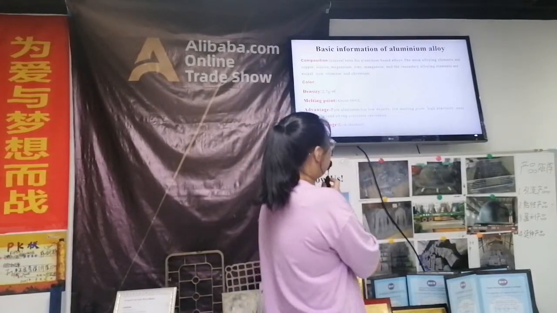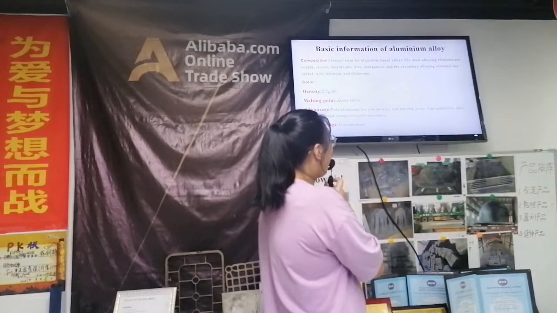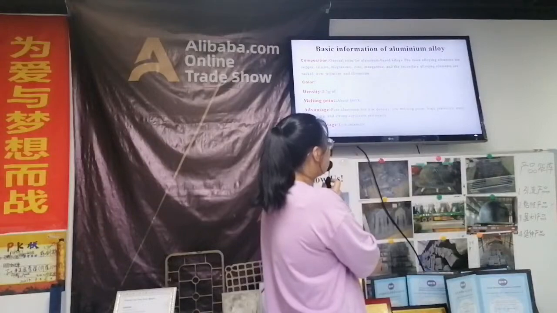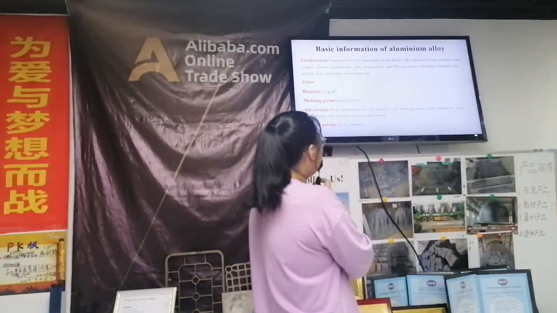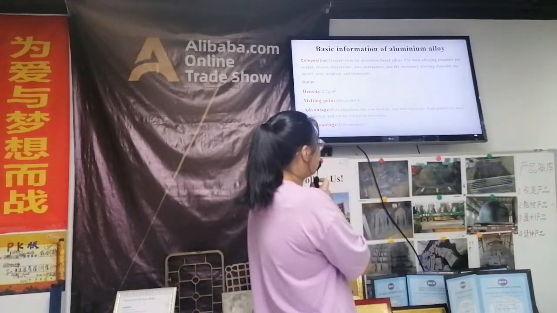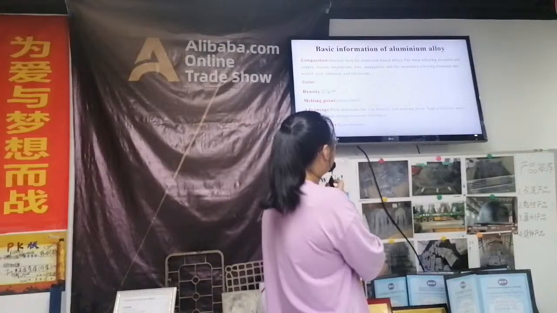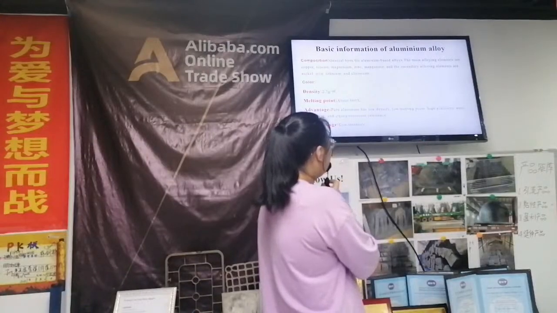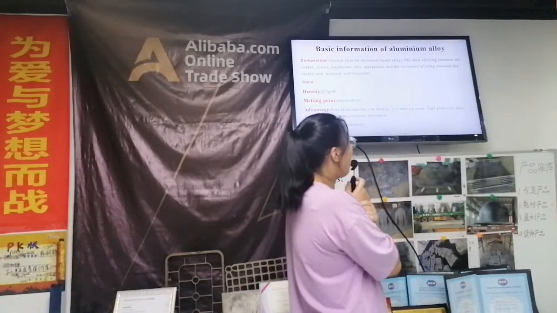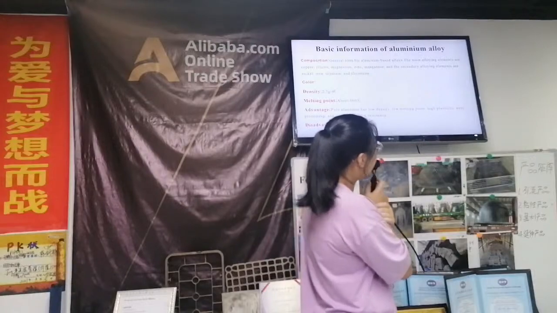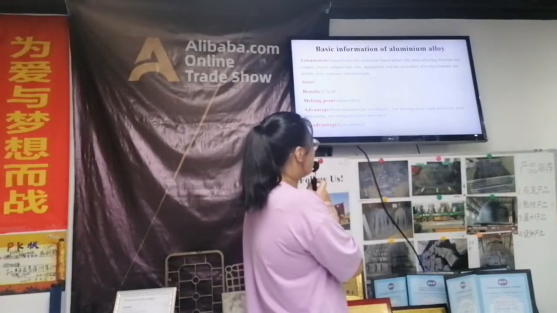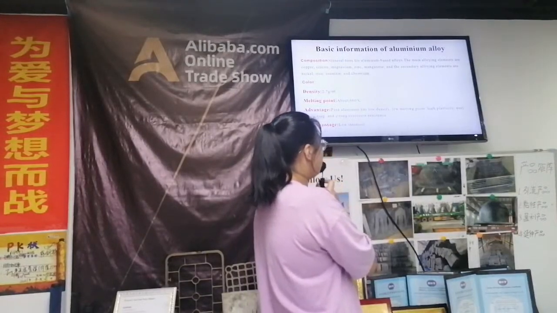For color is silvery white. For density is 2.7 grams. For melting point is about 660 degrees. For advantage, pure aluminum has low density, low melting point, high plasticity, easy processing, and strong corrosion resistance.